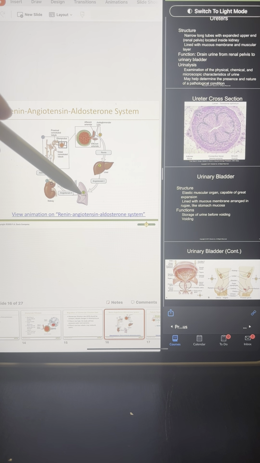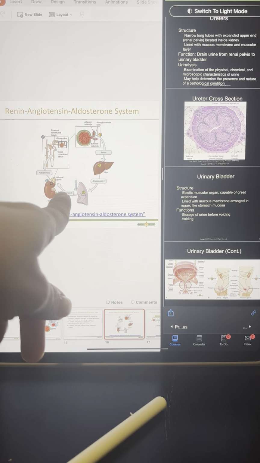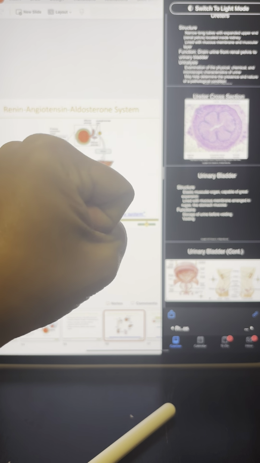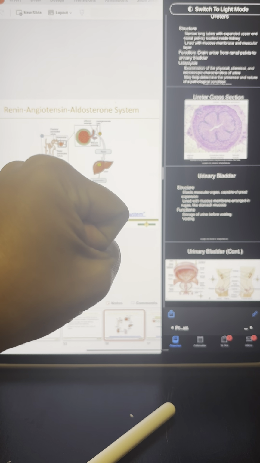Angiotensin 1 hits the lungs where it picks up ACE, that converting enzyme. It takes a bite of that and it turns into super angiotensin 2. At that point, we stimulate the adrenal gland, which releases aldosterone. So remember, angiotensin will cause an effect on the vessels to constrict, to cause resistance, to cause pressure to go up.